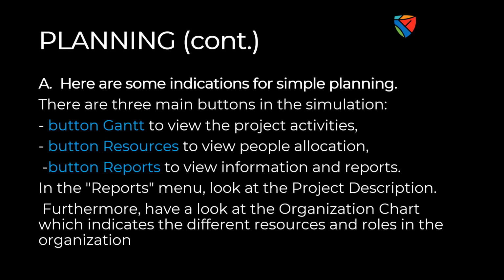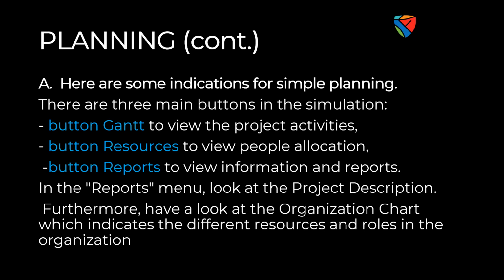And in planning also, here are some indications. We'll have a few pointers. This is the first point. Here are the main buttons in the simulation: the Gantt button to view the project activities, Resources, where we'll view people allocation, and the Reports button to view information and reports.